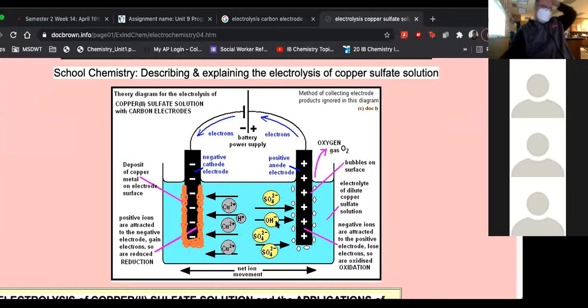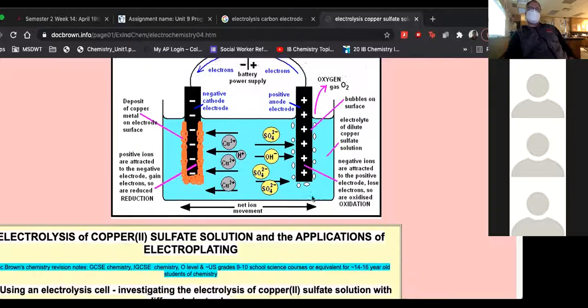They didn't actually tell us what they used there. We just assume that it's aqueous, in this case we've got the sulfate and the OH negative. Yeah, there it is, aqueous. So H plus and OH negative. And then the oxygen is going to pull those electrons and then form on the anode.